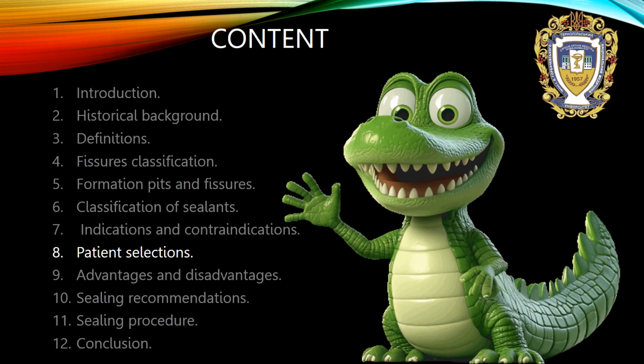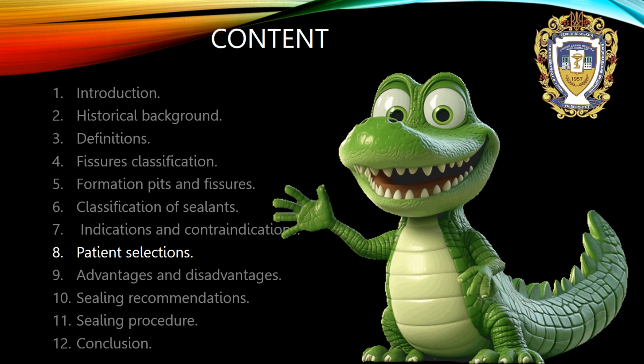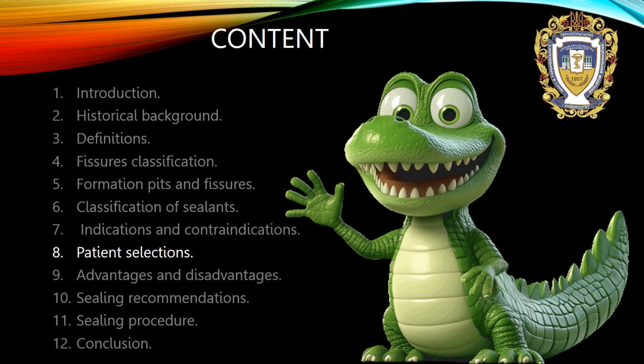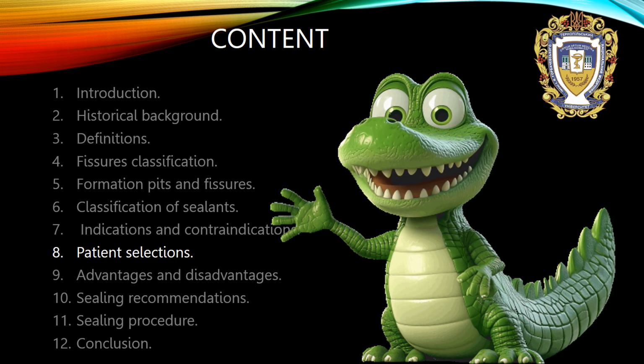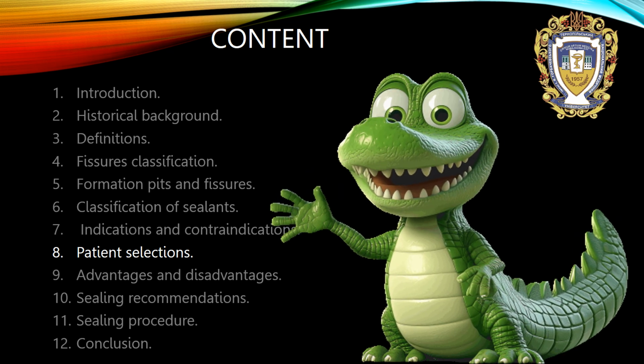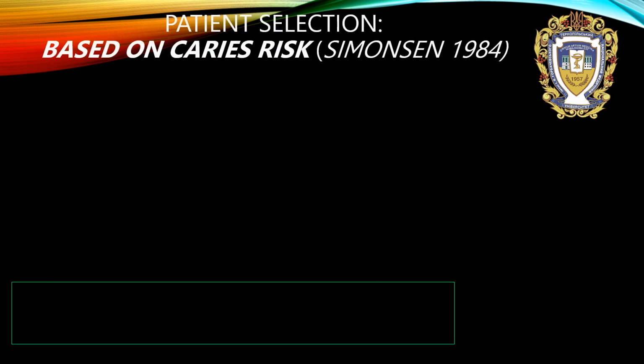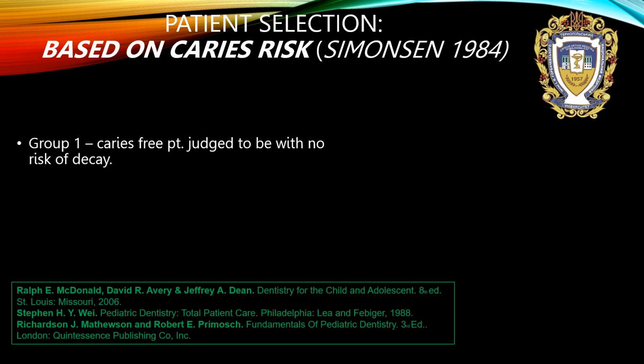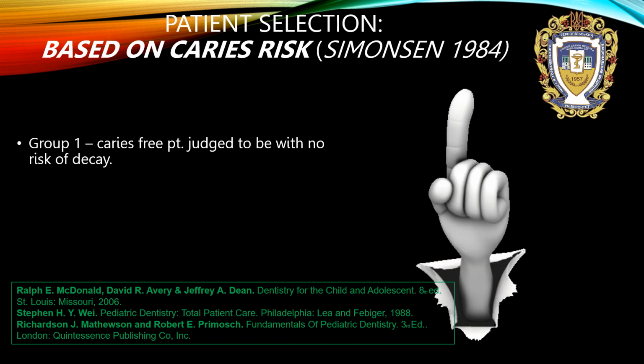Next chapter, patient selection. We have to choose not only teeth for sealing, but patients too. According to Simonsen, patient selection based on caries risk is divided into 3 groups.